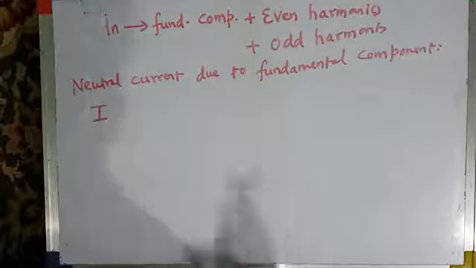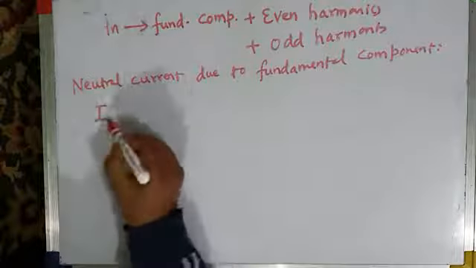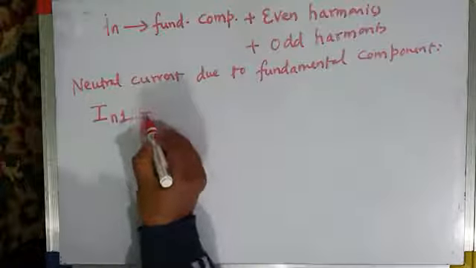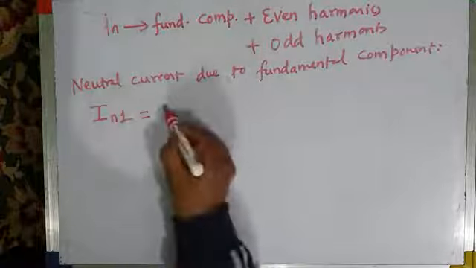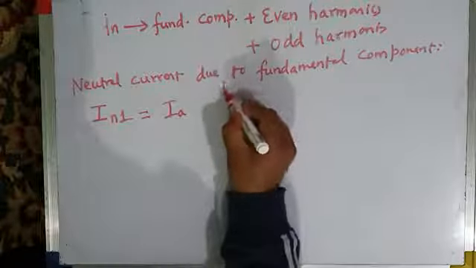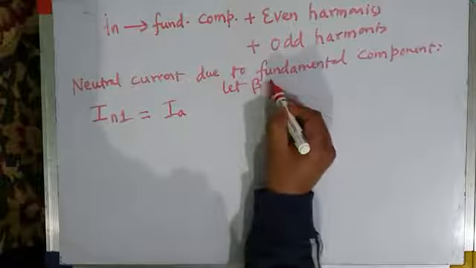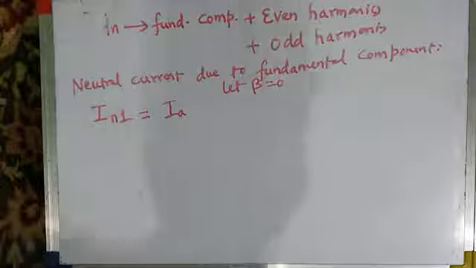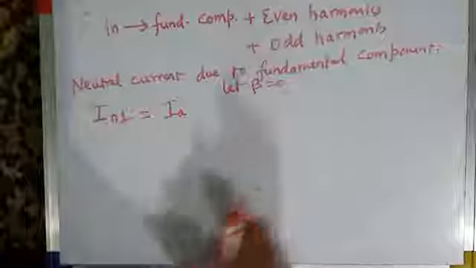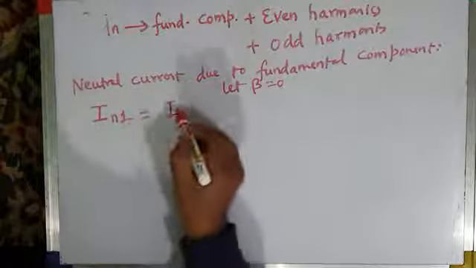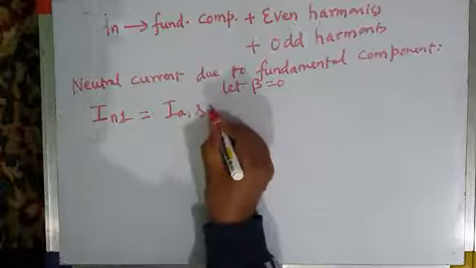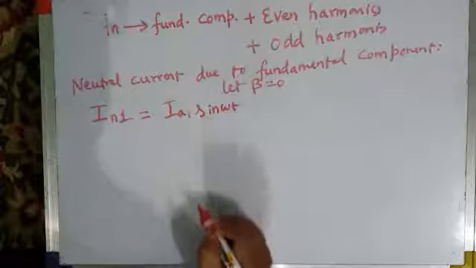We call this neutral current IN, where 1 means fundamental. So now it is equal to phase A or line A fundamental component of current, and let us assume that beta is equal to 0. Phase line current phase angle is 0 to make our computations easy. So IN1 is equal to IA1 sine of omega t.